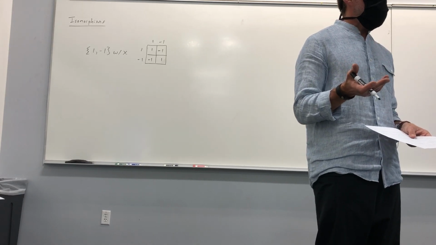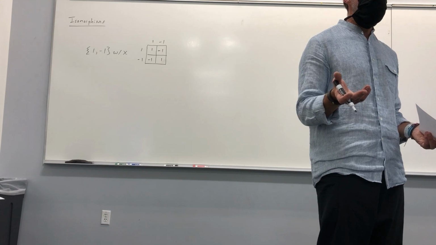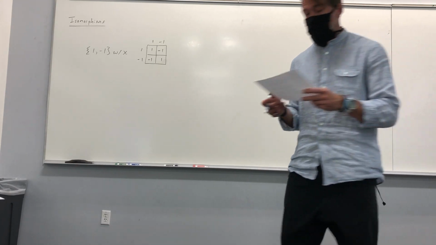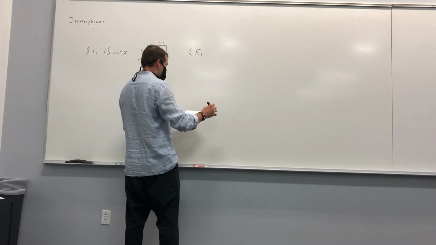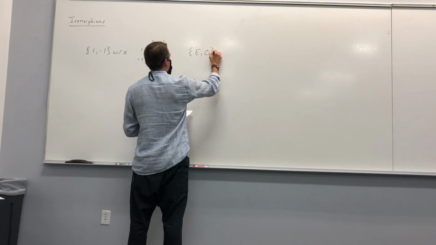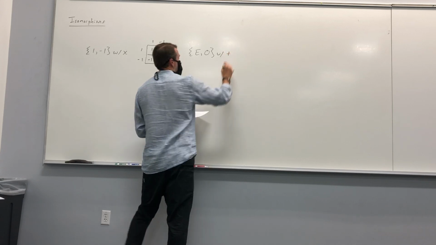All right, so what I'm going to do now is I'm going to give you an isomorphic group, a group which is basically the same, even though it's defined in an entirely different way. Consider the set of all even numbers and the set of all odd numbers with addition.